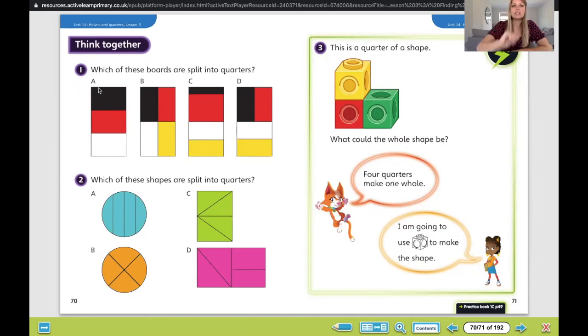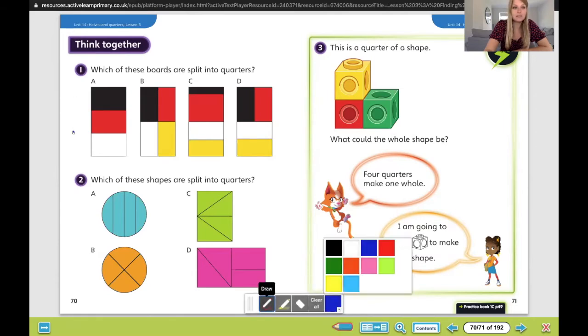There are 2 questions that I need to think about. Are there 4 parts? And are all 4 parts equal? So are there 4 parts? 1, 2, 3. No, they're not. So this has not been split into quarters because there are only 3 parts. So we can put a big cross next to that one.